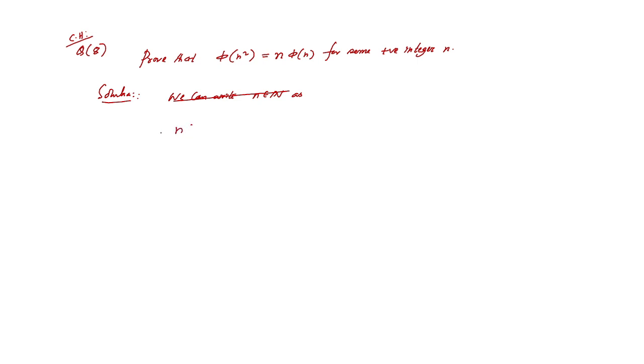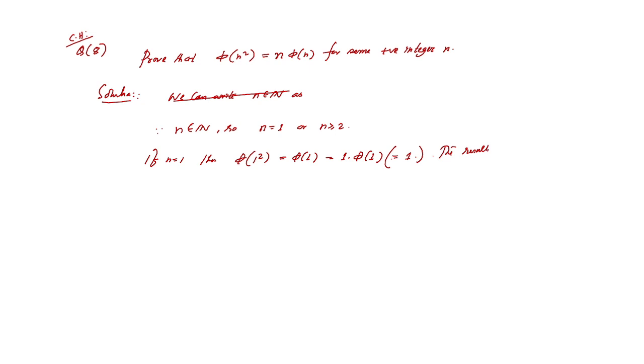Here n is a positive integer since n belongs to natural numbers, so n may be 1 or n can be greater than or equal to 2. If n equals 1, then phi of 1 square, that means phi 1, we can write 1 into phi 1. In both cases it is basically 1. So the result is true for n equals 1. It is a very trivial case.